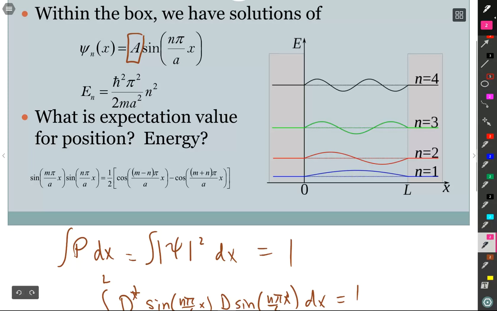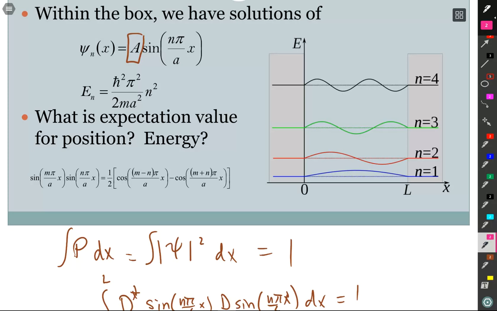We have what is the expectation value for position and for energy. And you're like, the expectation value? What's the expectation value? The expectation value means the average result I would get if I did a whole bunch of measurements. So where do you expect the expectation value to be if I have a particle in the box?